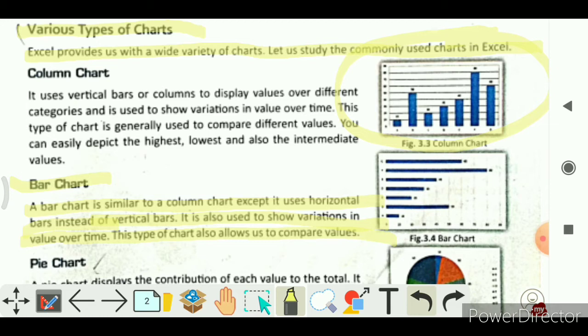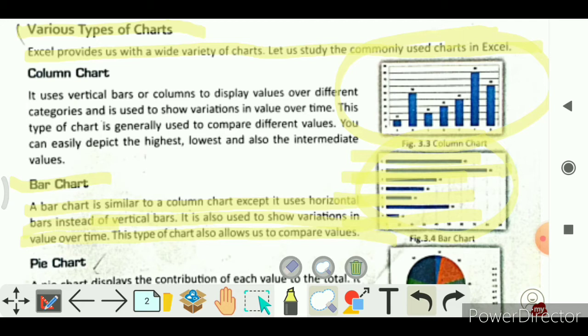You can see here values have been placed horizontally, right? And all the properties of the bar chart are the same as the column chart. This is also used for comparisons of values over time and so on.